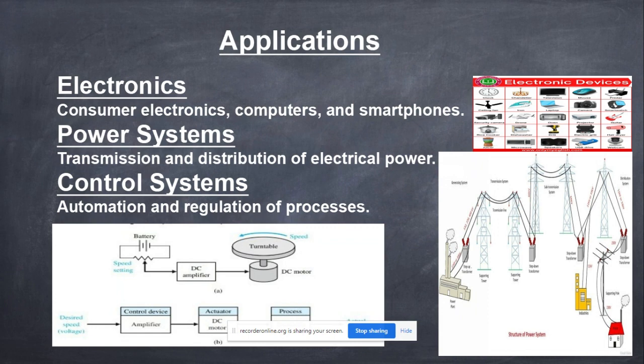Or two phase systems. In India, mainly two phase systems are implemented for industries, right? So another one is control systems, which is automation and regulation of processes.